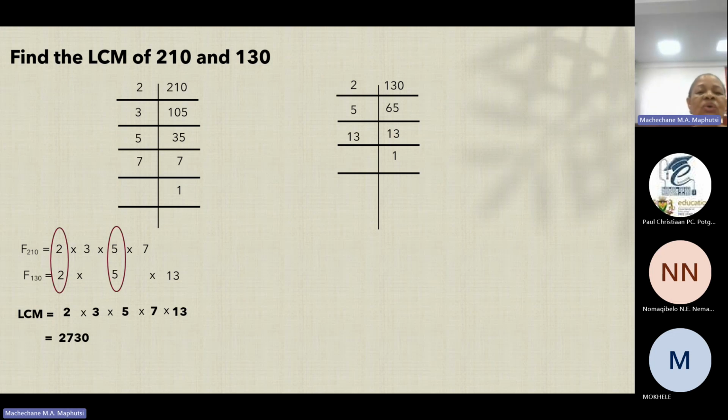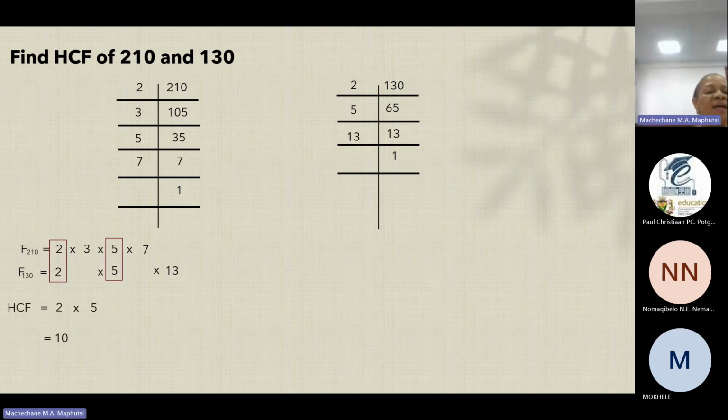So I'm sure now you understood the difference between the highest common factor and the lowest common multiple. In the highest common factor, you only take those numbers that appear in both lists, then you multiply them.